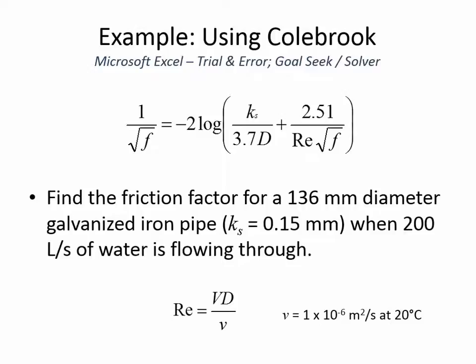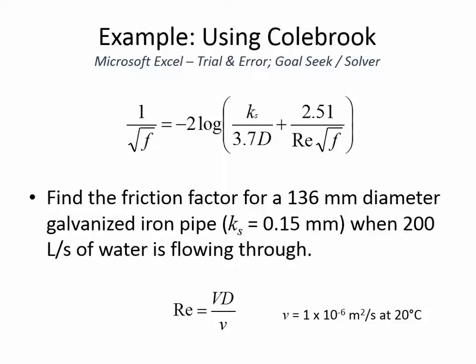So if we wanted to just guess, let's say, what is the actual f value here? What if we said let f equals 0.02 is our guess. So what's the left-hand side if we do that? If we have the square root of f and 1 over the square root of f, then the left-hand side is equal to 7.071.